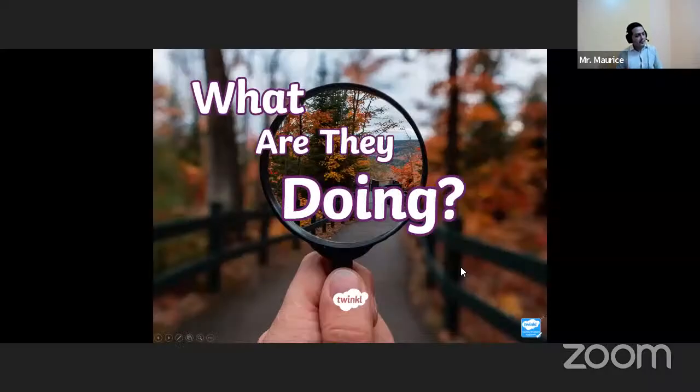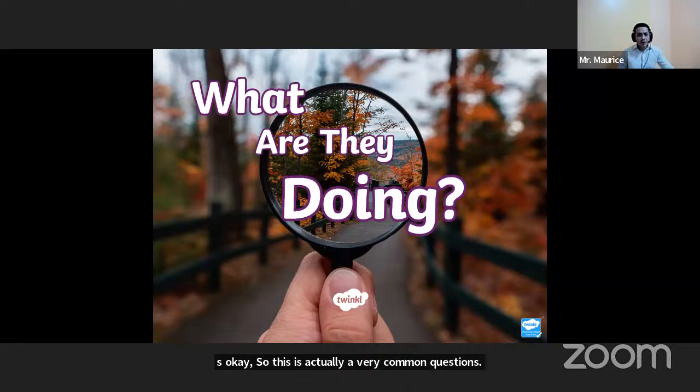Okay, so this is actually the very common questions when we work with the present continuous. What are they doing? Doing, as you can see, is the verb do with the suffix ing. Doing. ¿Qué están haciendo?